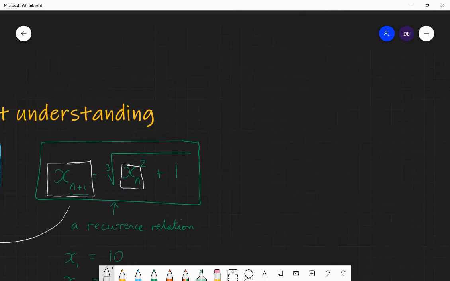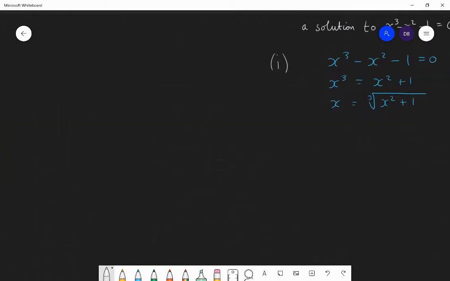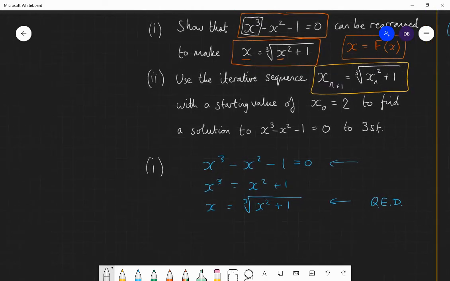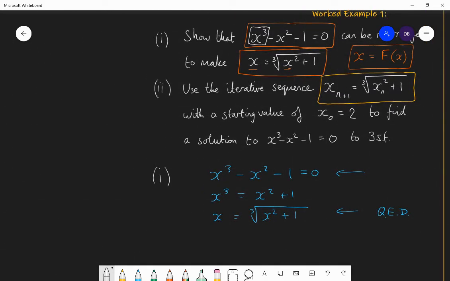Okay, so let's get back to our question. Use the iterative sequence x_{n+1} is the cube root of x_n squared plus 1, with a starting value of x0 equals 2, to find a solution to the equation.